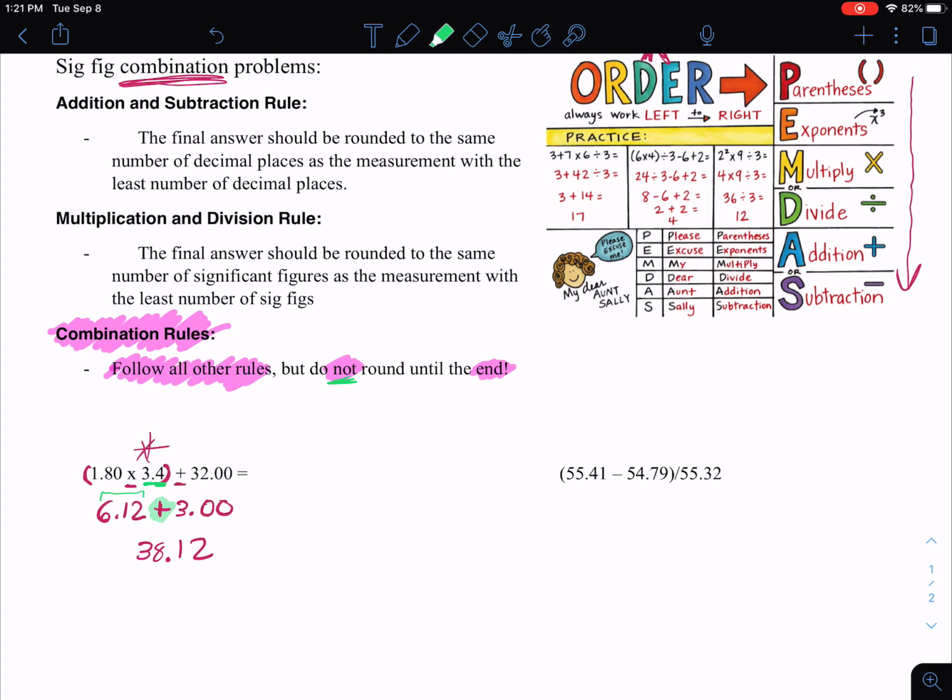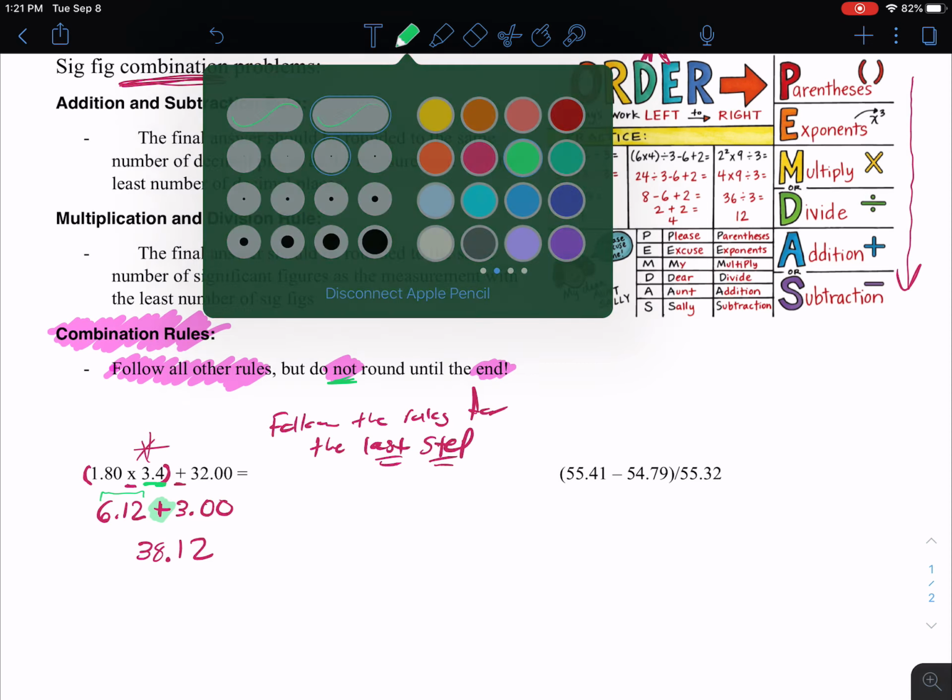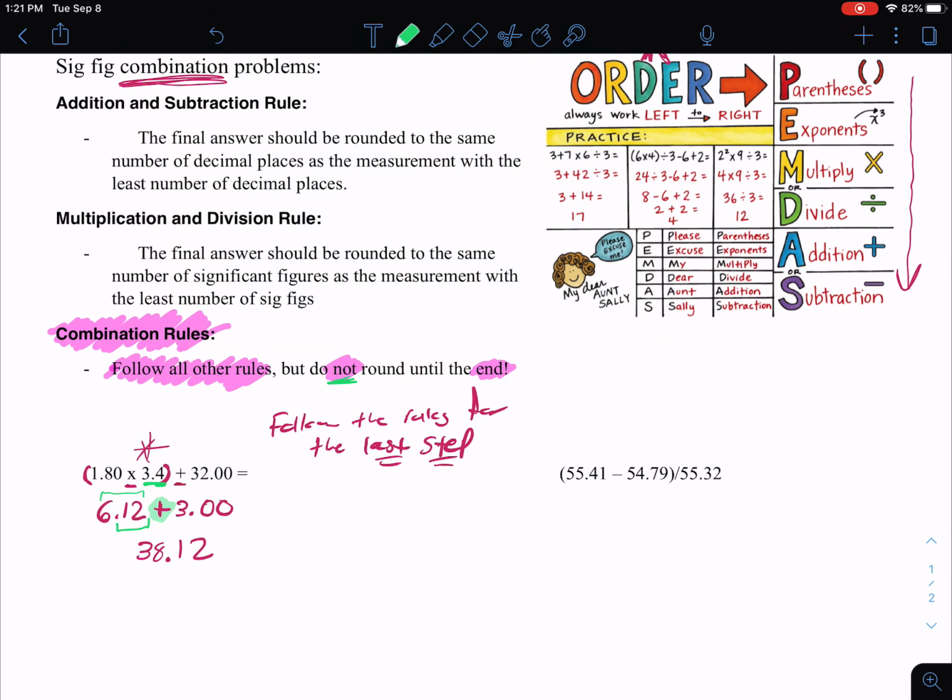Remember, you want to follow the rules for the last step. In this case, we're looking at decimal places. There are 2 decimal places here, 2 decimal places here, which means our answer can have 2 decimal places. And since it already has 2, that's our final answer.